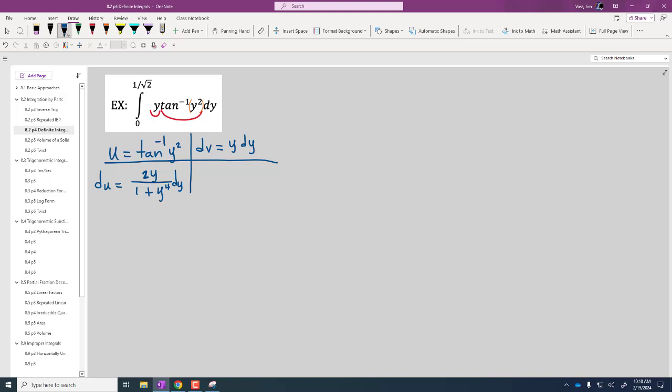Let's suppose this was arctan of y cubed, then this would be 1 over 1 plus y to the 6 multiplied by 3y squared. What if it was arctangent of x squared minus x plus 3?